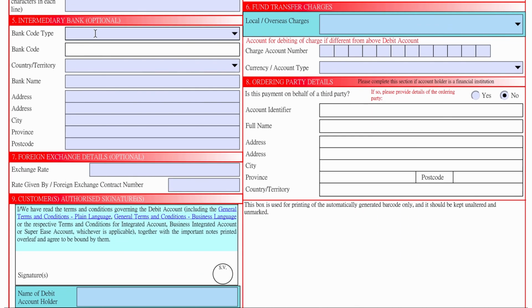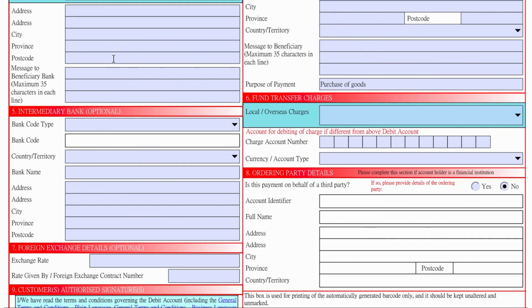Now, they might indicate to you that you need to also input a certain intermediary bank that might make the whole process easier and maybe also faster and cheaper. So put this information here. Same idea as above. Okay.